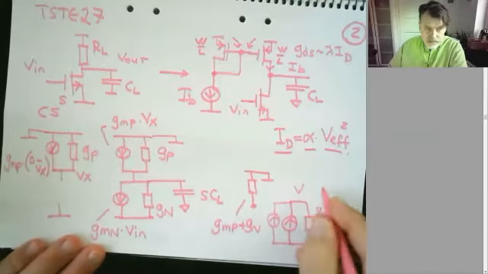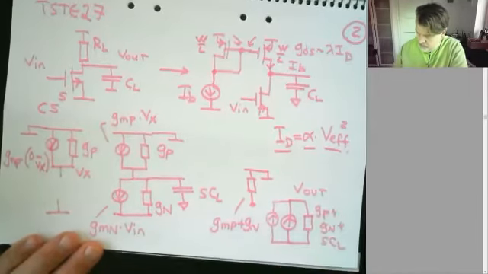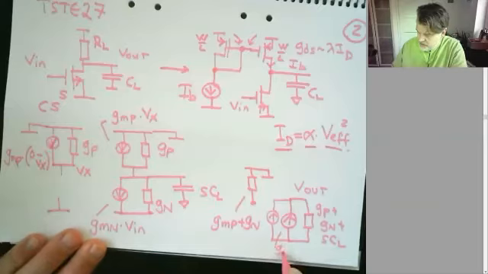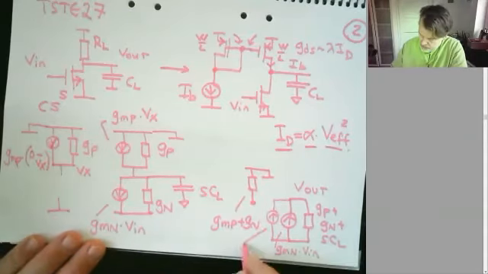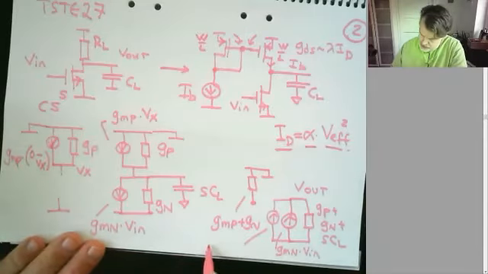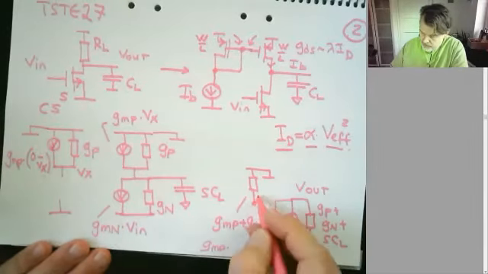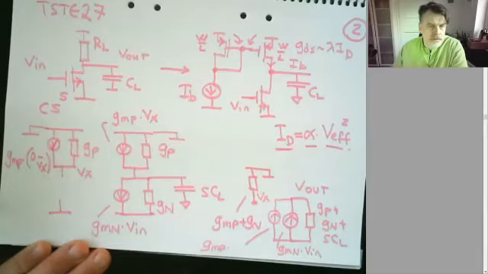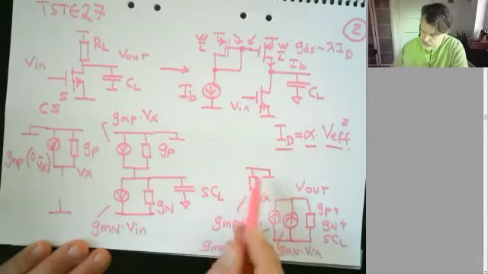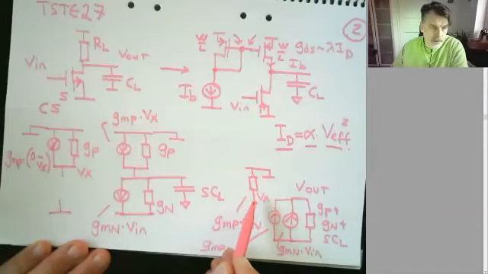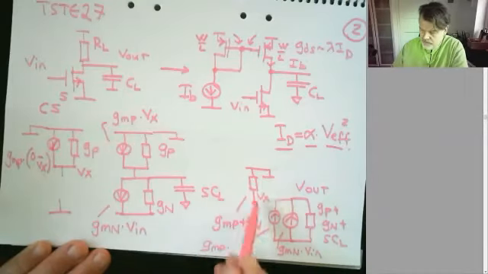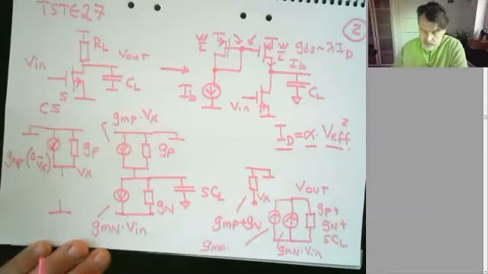This is my Vout. This guy is GMN times Vin. And this guy is GMP times Vx, or 0 minus Vx. But what is Vx? That's this floating node here. According to all possible laws, there is no current going here, which means that Vx must be equal to 0. So this is also GMP times 0.